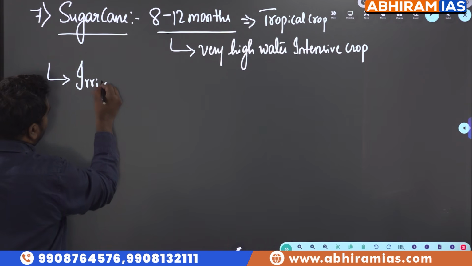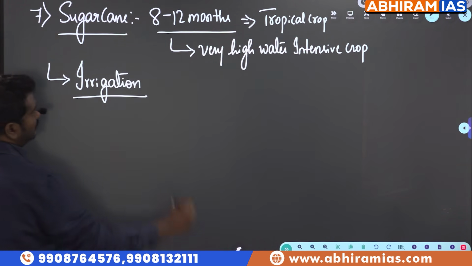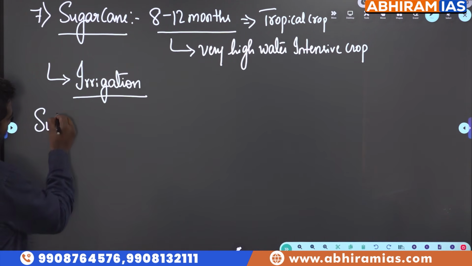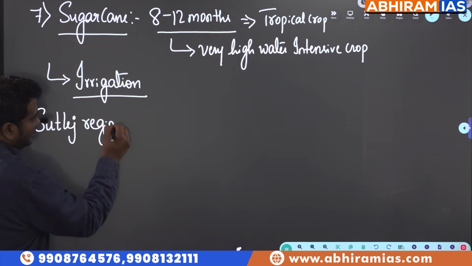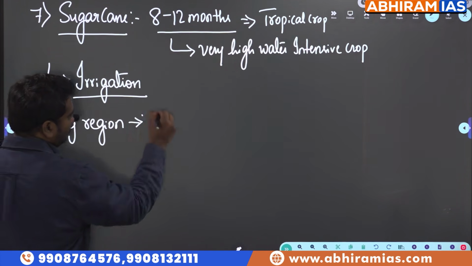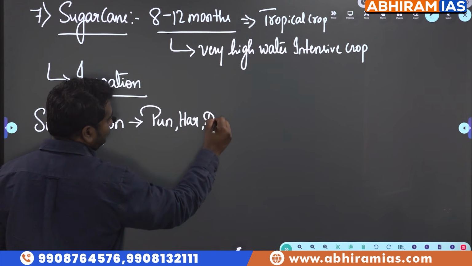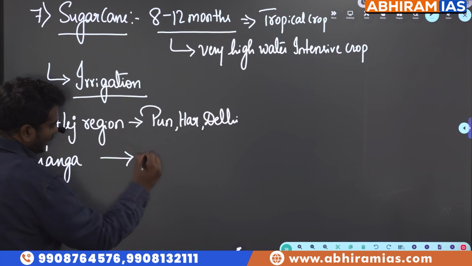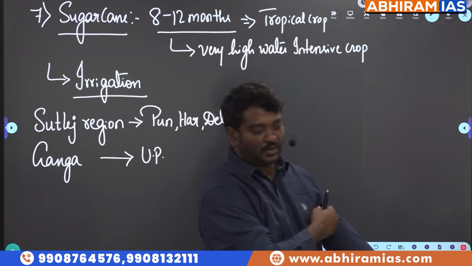It is mostly dependent on irrigation. So, the Sutlej region, Punjab, Haryana, Delhi, Ganga region, Uttar Pradesh. You might have heard UP is the largest among all.